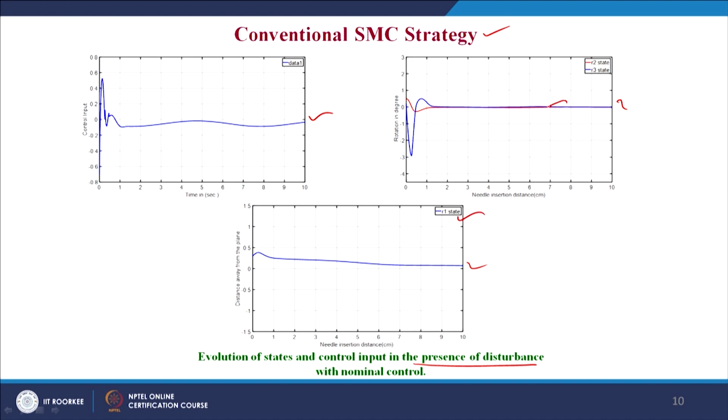Likewise, when we zoom in, the other states, the angle states, are also not converging. So, when the disturbance is given with the conventional sliding mode controller strategy, the states are not getting converged at all in finite time.